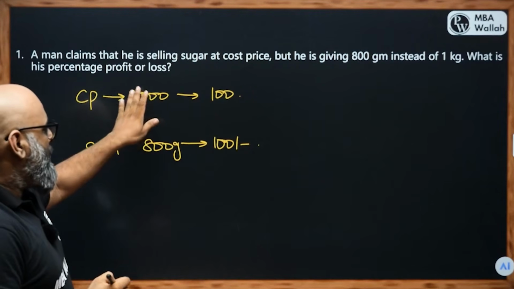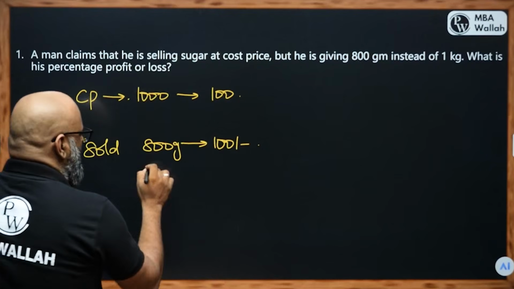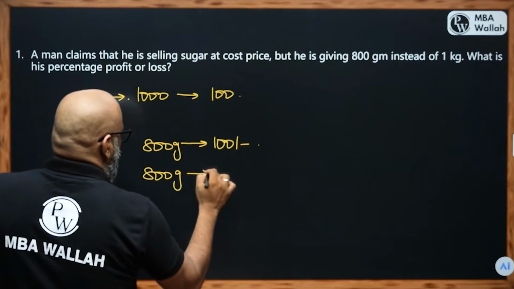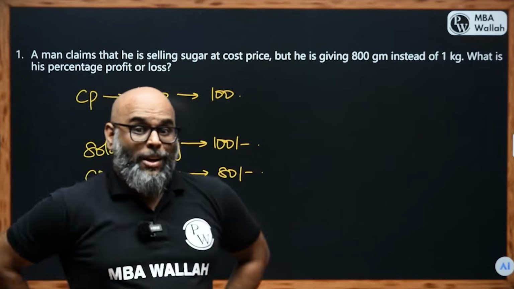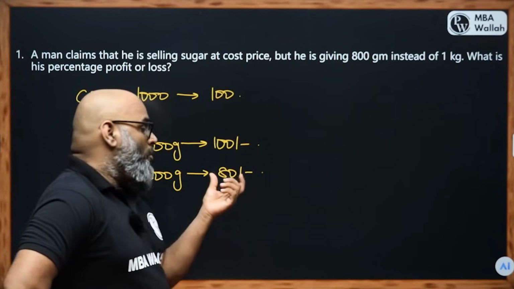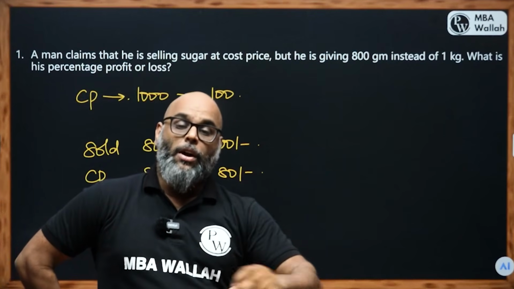Now technically, if he buys 1000 grams for 100 rupees, the obvious understanding is that the cost price of 800 grams will only be 80 rupees. But instead of selling it to you for 80 rupees, he's selling it to you for 100 rupees. So whatever was worth 80 rupees, he's giving it away for 100 rupees.